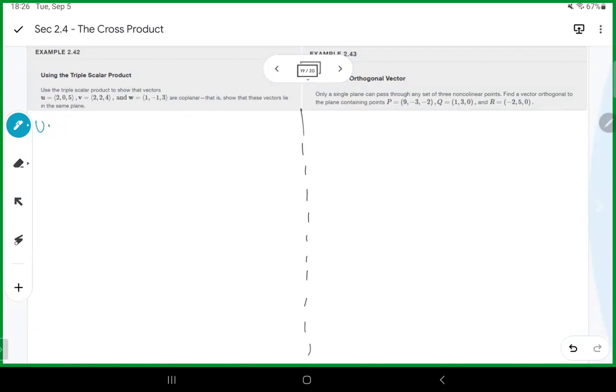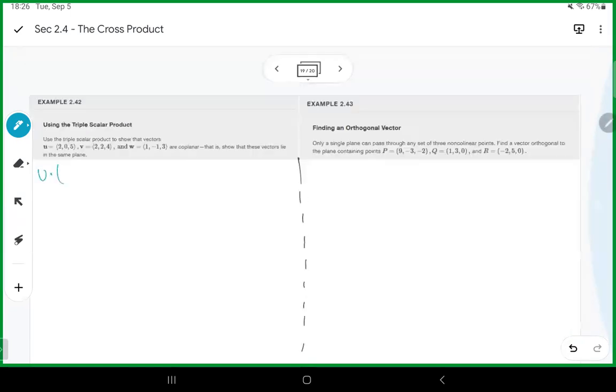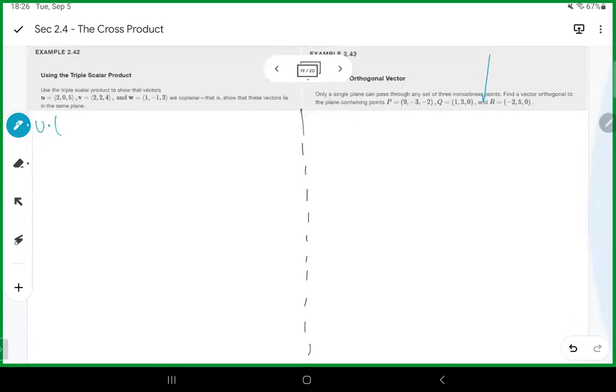We do U times V cross W. So we'll have 2, 0, 5, 2, 2, 4, 1, -1, 3.